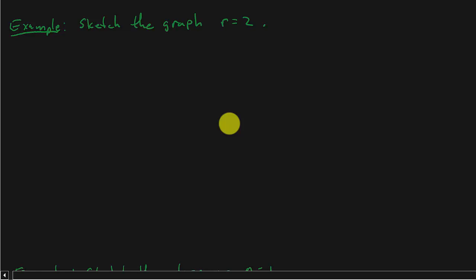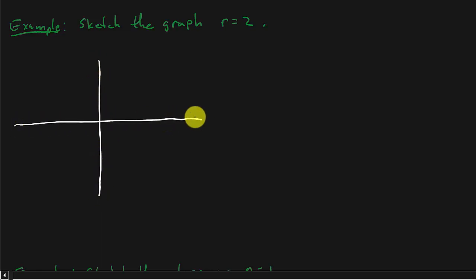To graph this, not really a whole lot you have to do. We notice that r is 2, the radius is 2, no matter what the angle is. So this is just a circle with radius 2. That's all it is. Yes, it's that simple for that one.